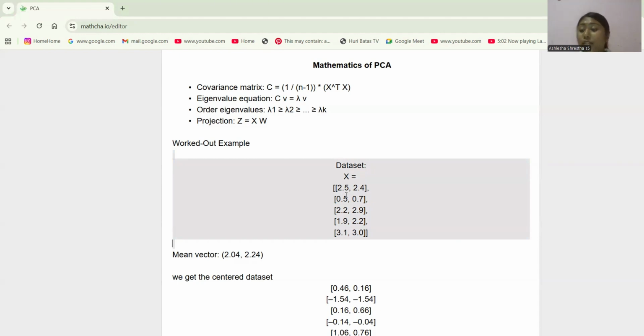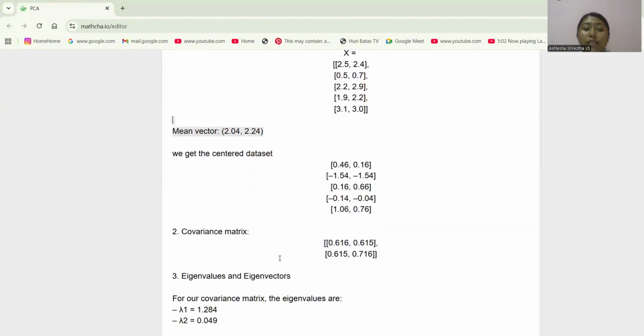The mean vector is approximately 2.04, 2.24. We subtract this mean from each data point to center the dataset. After subtracting the mean vector, we get the centered dataset, which is 0.46 and so on.